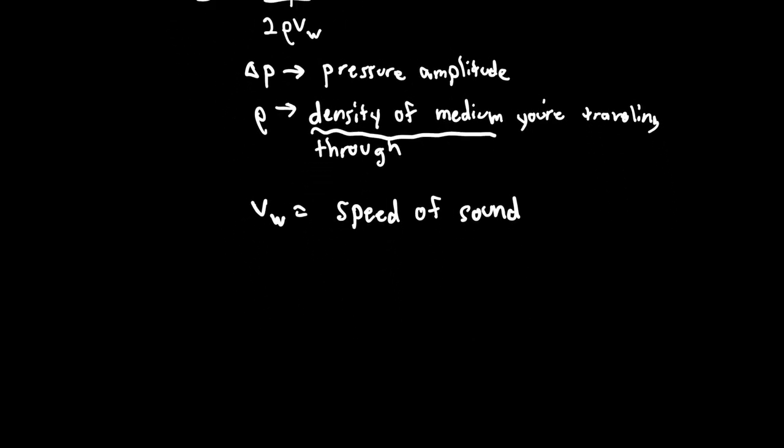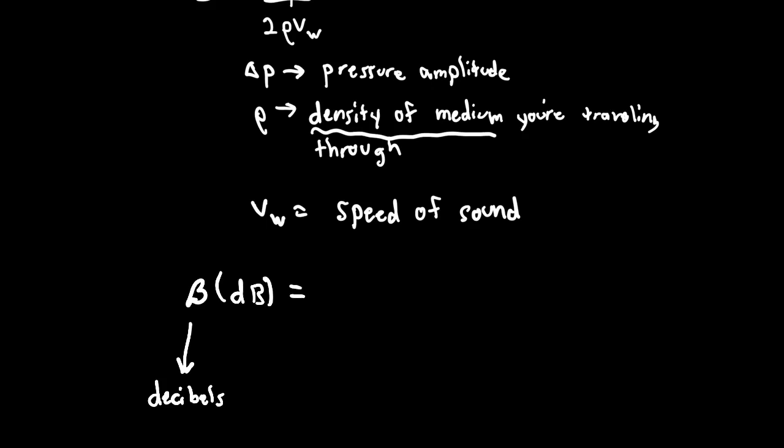There is one other unit that we typically use to talk about sound, the unit of decibels. So we represent that with the Greek letter beta. That stands for decibels.